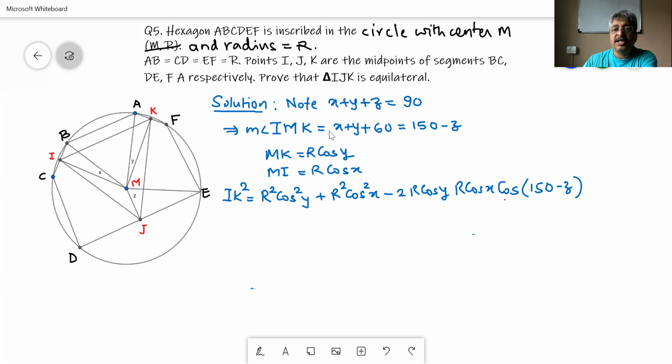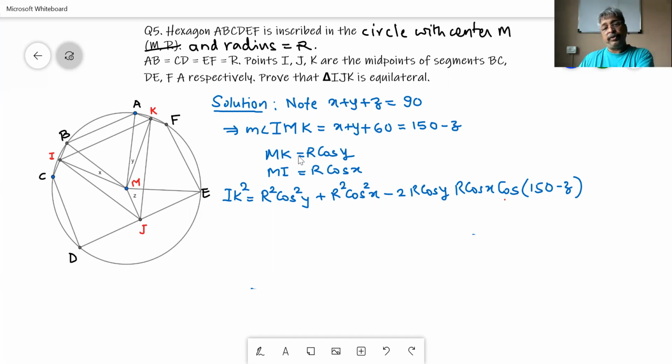Right, so these are the three things which we require for finding the length IK. The strategy is just to find one of the lengths of this isosceles triangle and equilateral triangle, and show that it is symmetric with respect to x, y, z. And if that symmetry is achieved, that means if we find the length JI or JK, they are also going to look alike, and therefore it is going to be an equilateral triangle.